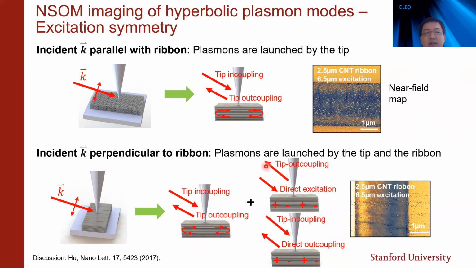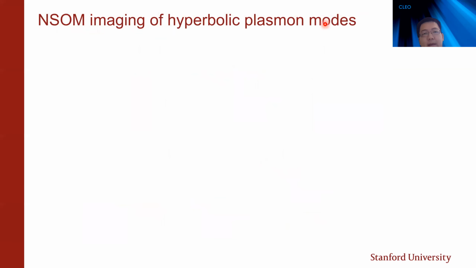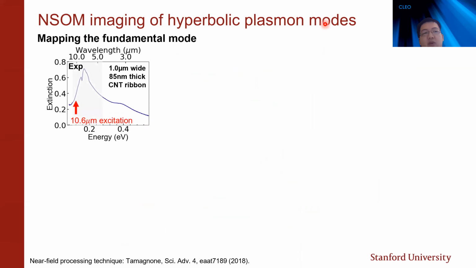And this perpendicular configuration is the configuration we will stay with, because this directly coupled ribbon mode is the hyperbolic plasmon mode we are looking for. Okay, then we start to map the different modes in the combinatorial film.